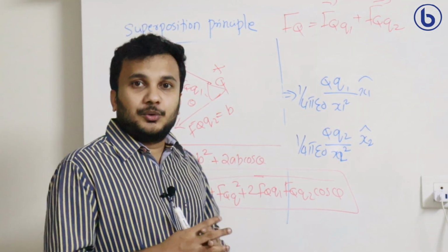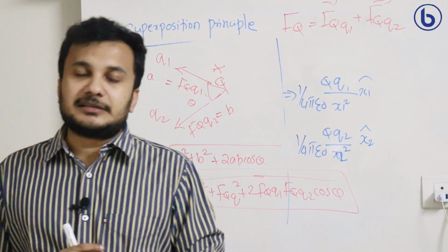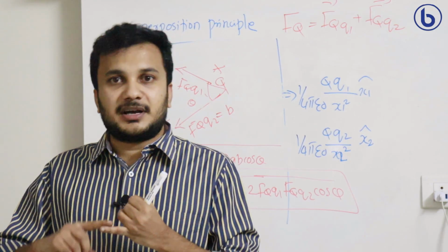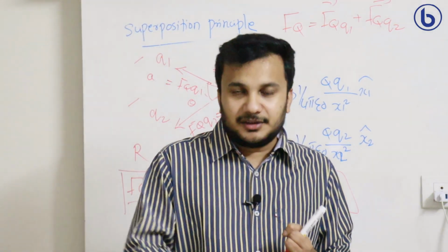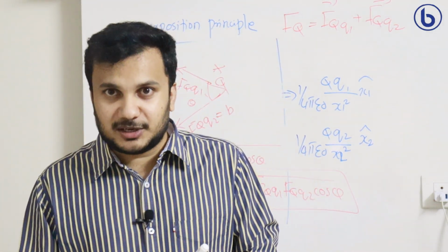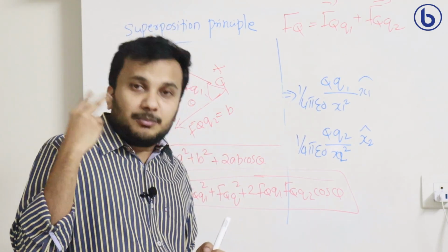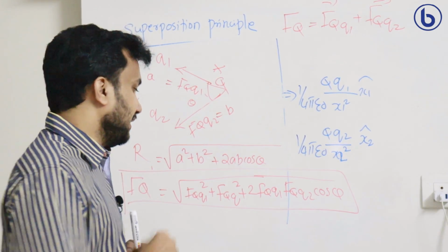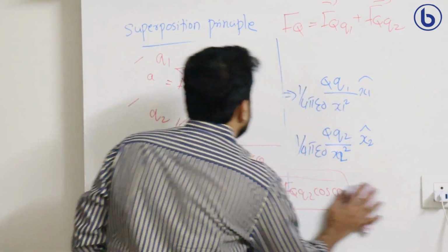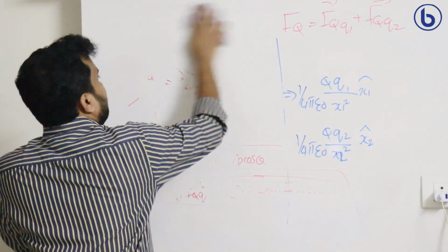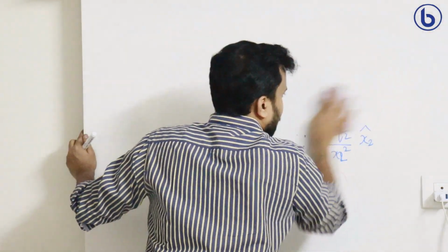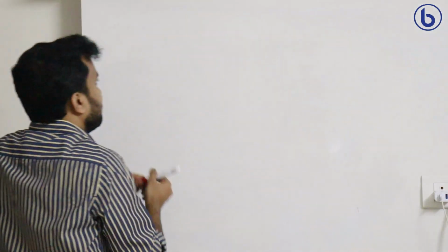Next we're going to do some comparisons. Now we know Coulomb's law magnitude format, Coulomb's law vector format, and we know the superposition principle also. I will tell you one more example with the superposition principle, then we'll move to the next topic. Let's see, I take one example: I have a square structure like this.